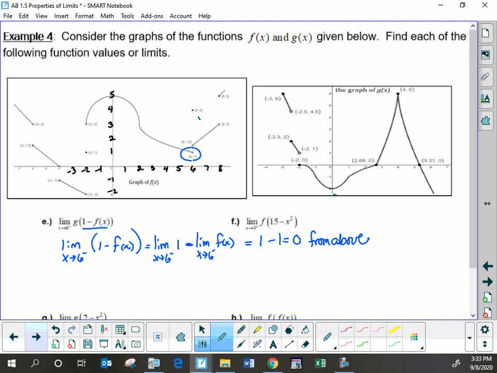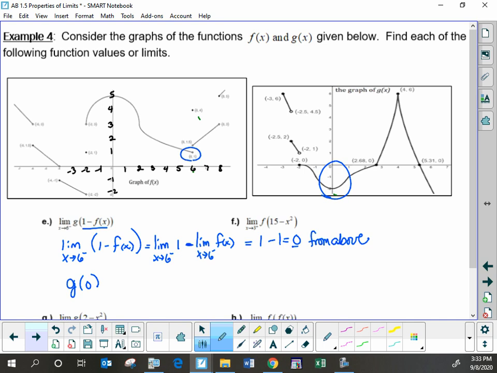Okay. Now, I need to look at g, don't I? The limit as x approaches 6, not 6. I can just do g of 0 because it's not so complicated, is it? 0 exists.